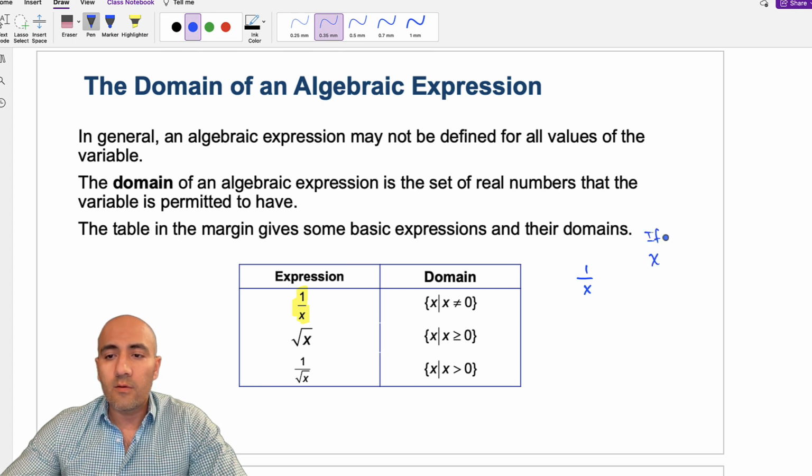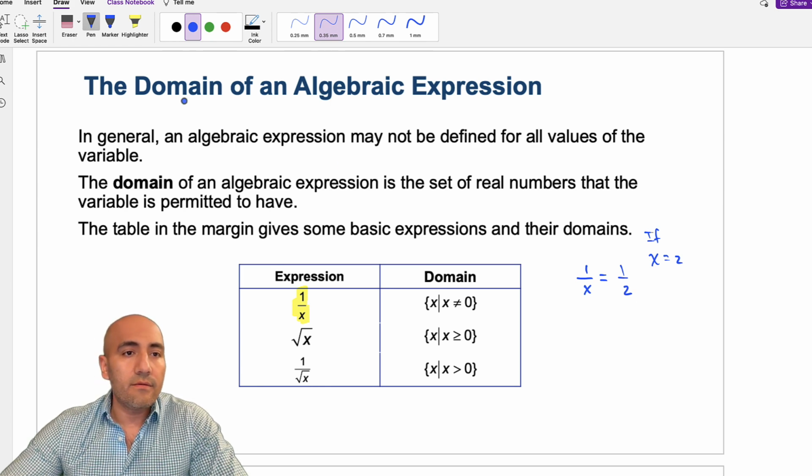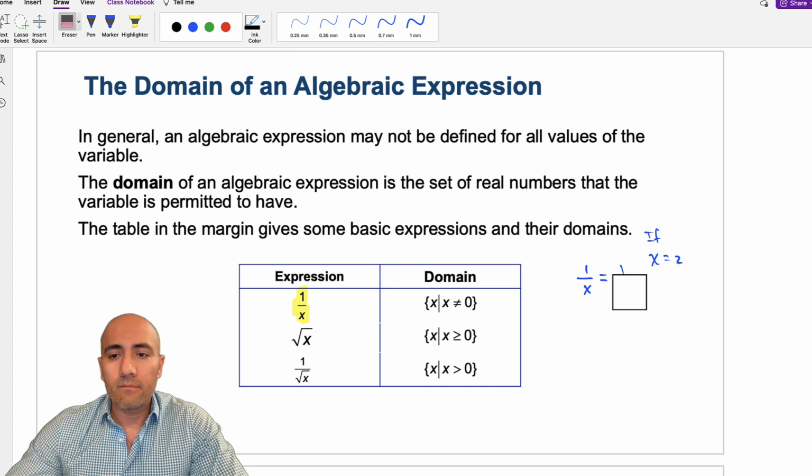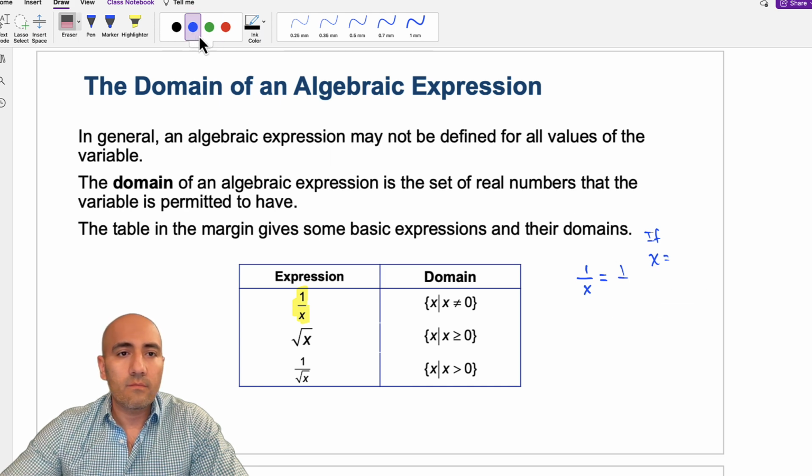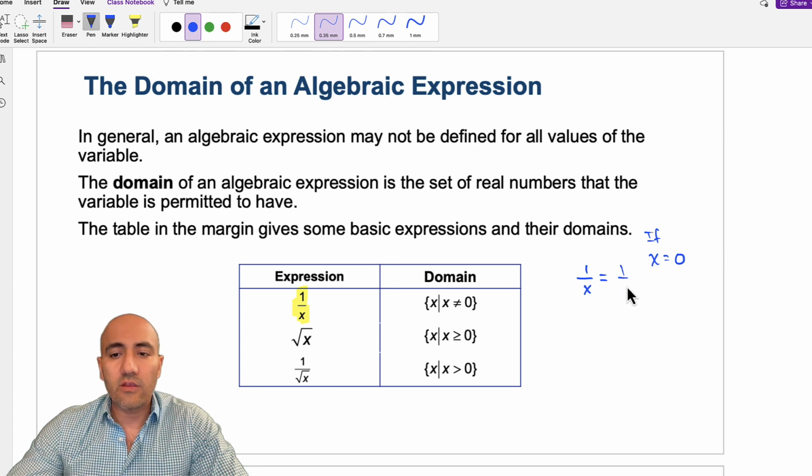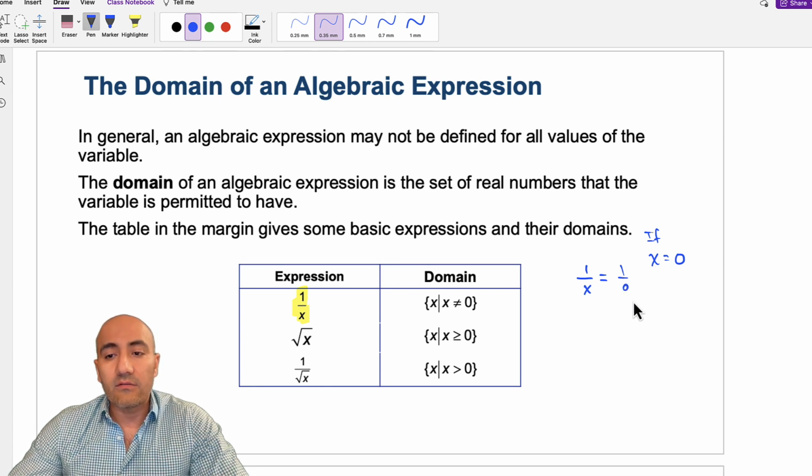If x equals 2, then this will lead to 1/2. And that's okay. That's a valid answer. On the other hand, x cannot be equal to 0. If x equals 0, then we'd have 1 over 0, and that's not allowed. Not allowed to divide by 0.